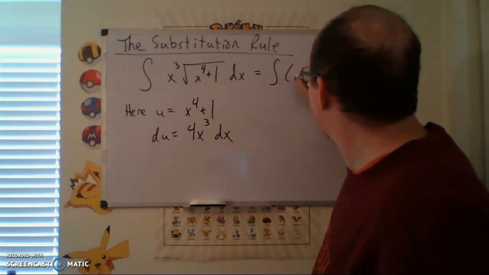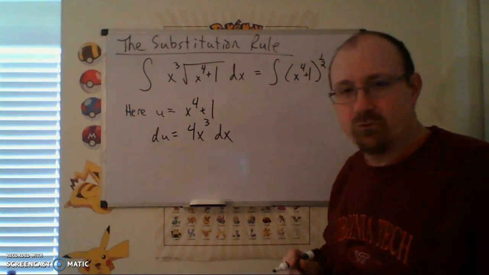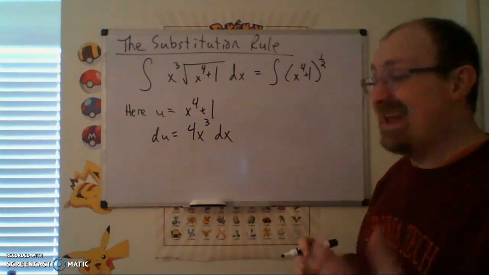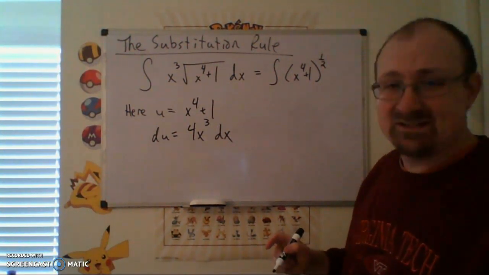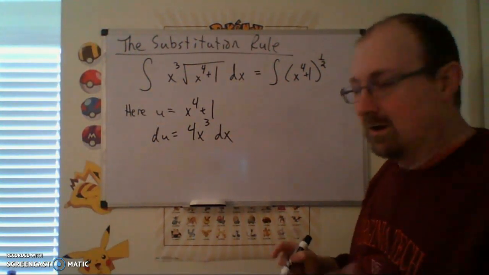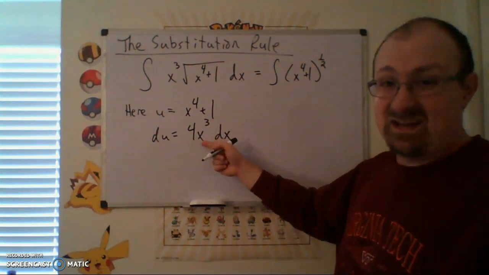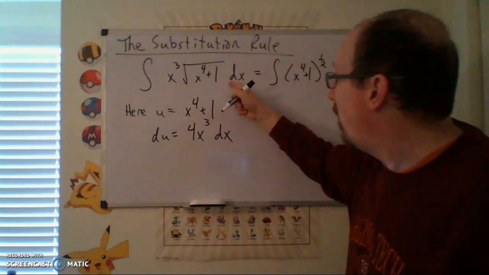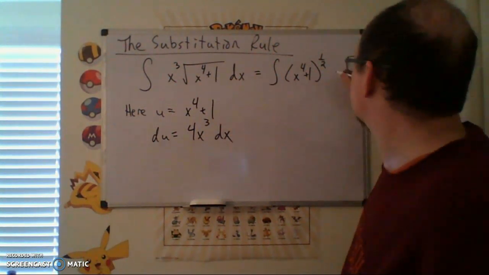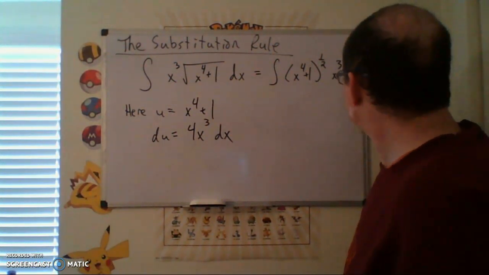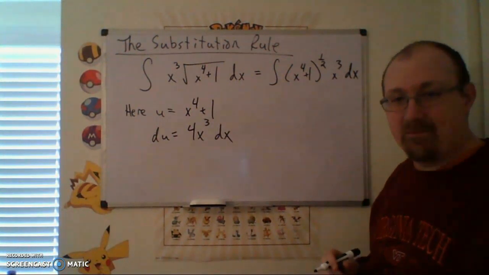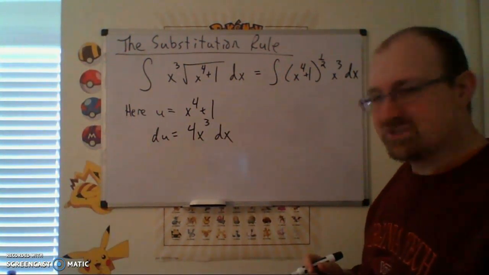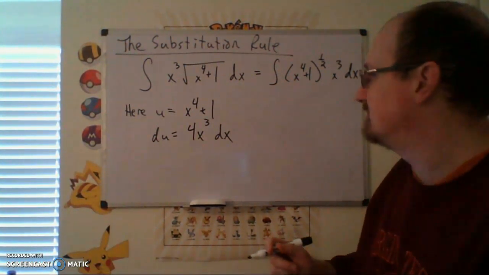So on the one hand, we have x to the fourth plus 1 to the 1/2. Next, you may be saying to yourself, wait a second, he didn't write the x cubed. You may notice I need this x cubed for my dx. I'm going to haul him back here just like I did in that previous example. So I've got an x cubed, I've got a dx sitting in the back. My integral is rewritten such that I can just about execute the substitution.